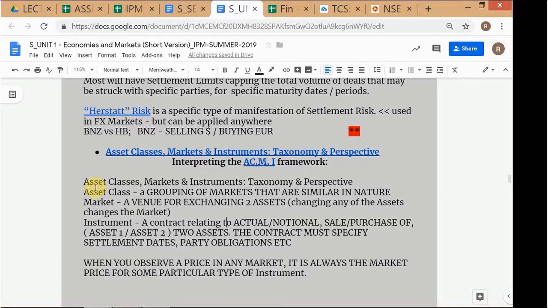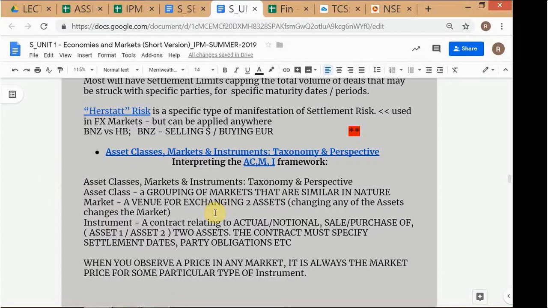Gold in Indian rupees is a different market from the gold market in US dollars because one of the assets is different. Are you following what I'm saying? This is what it says here: changing any of the assets changes the market.